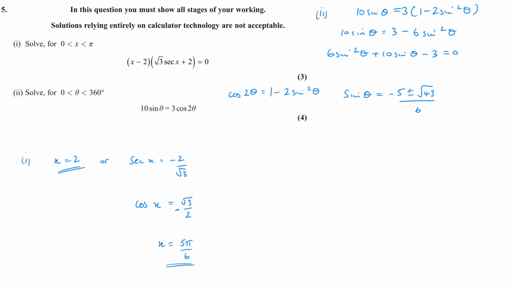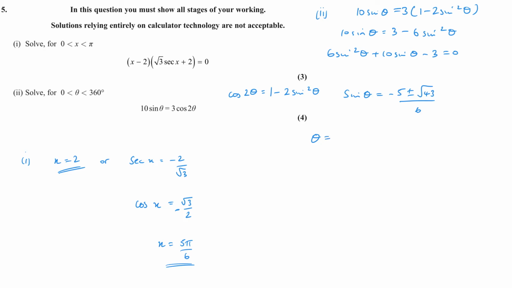Now because it's plus or minus, it's going to give me 4 answers. So in my CAST diagram, I'm going to be here and here for the positive values, and then here and here for the negative values. So between 0 and 360 I'm going to have an answer in all 4 quadrants. First things first, just pop my calculator into degrees, as this is in degrees.